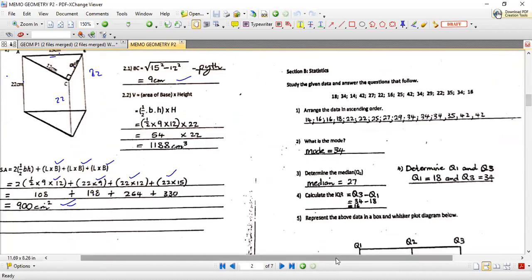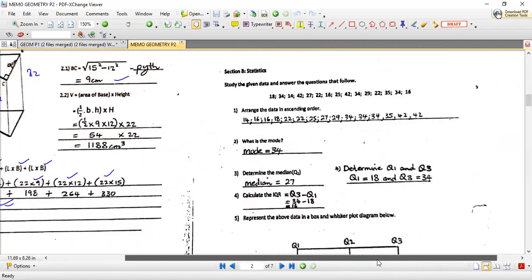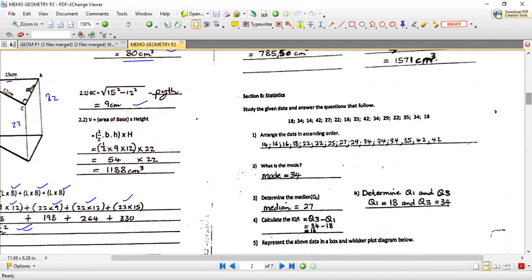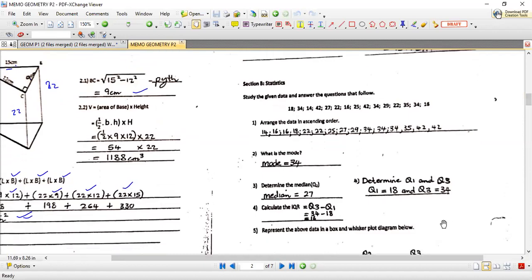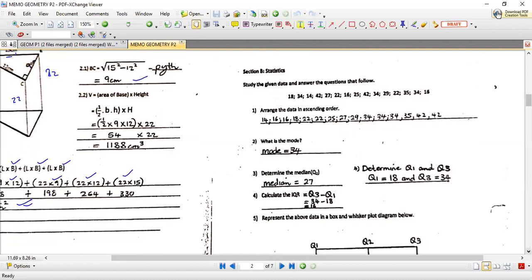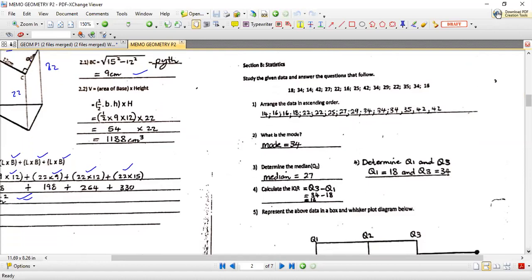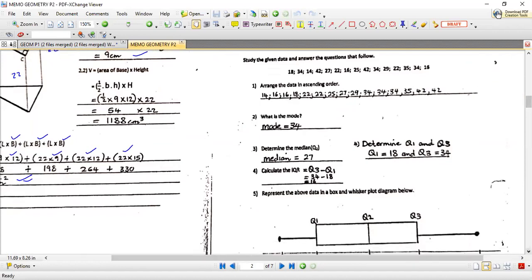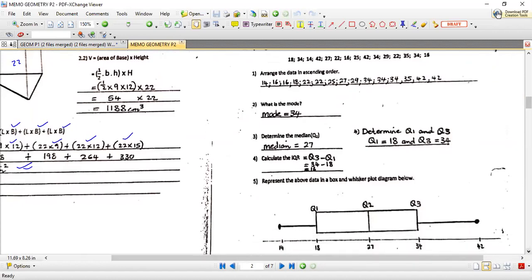On your worksheet on page 2, you would see that there is a statistics question given to you, which is part of your syllabus. It is good to revise this question so that you keep fresh with your stats work.